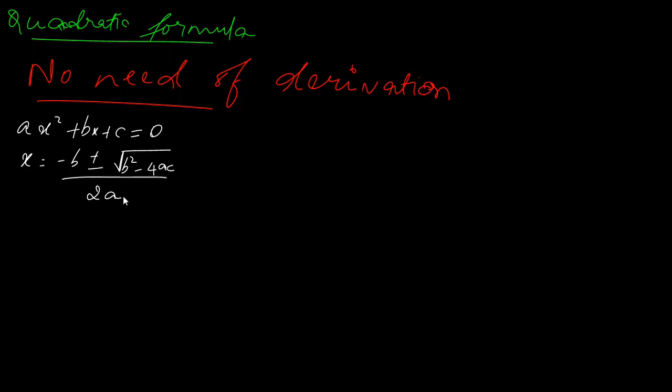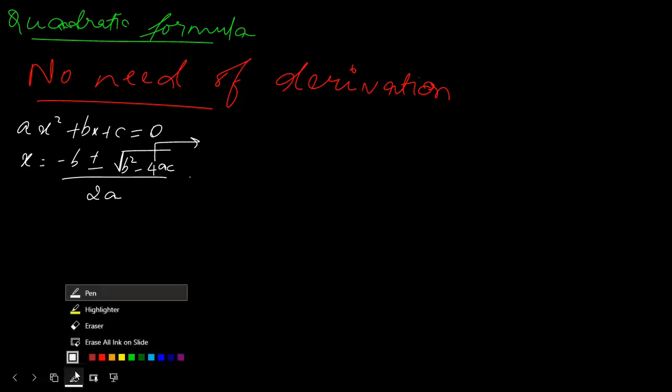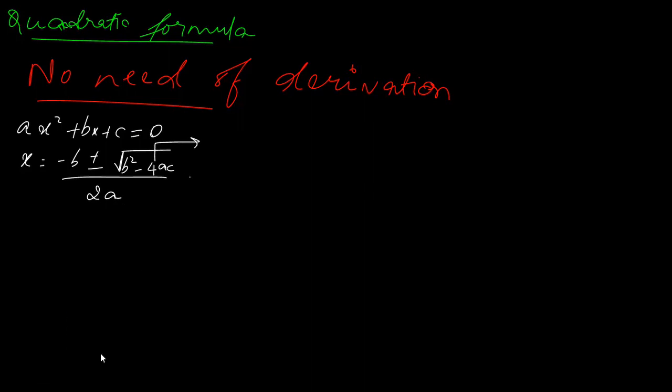This b square minus 4ac, I'll write one note over here. You will study this actually in the next unit, but application questions of the next unit have been combined with this unit itself. So we are using quadratic formula in this unit also. So better to know the things in advance.